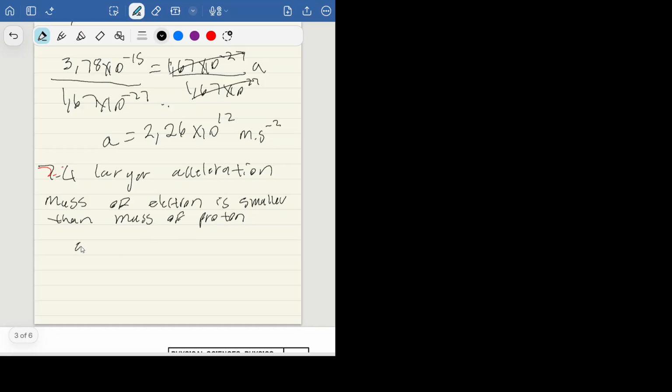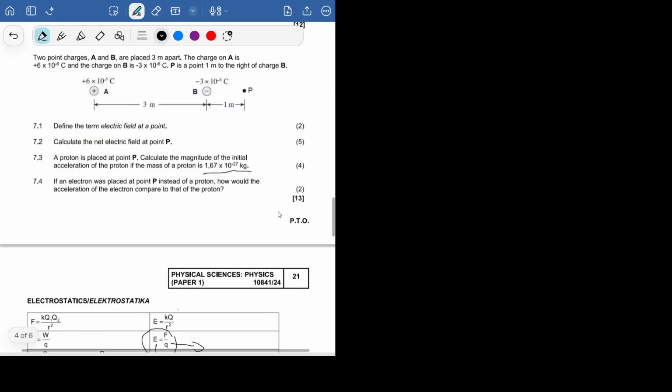And then we know that acceleration is inversely proportional to the mass. So the smaller the mass, the bigger the acceleration. So electrons will have a larger acceleration as a result. So this is where the question would end.